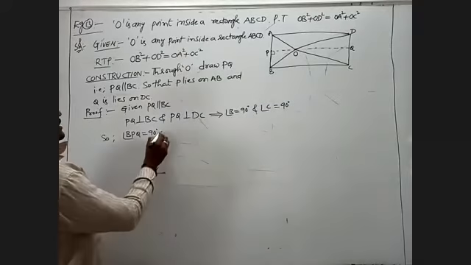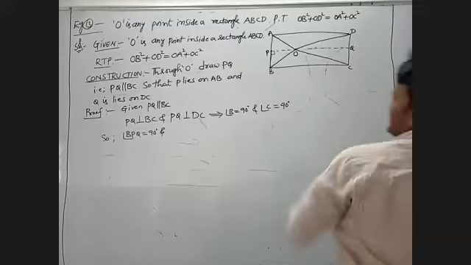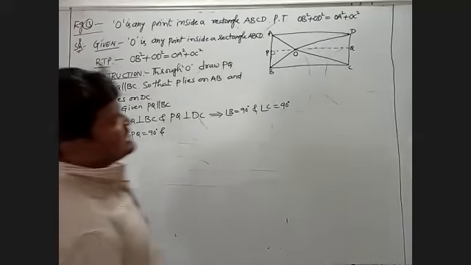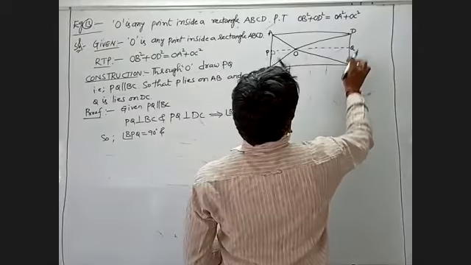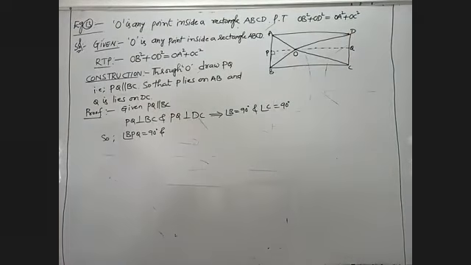One more thing we will observe in this one: angle OQD, angle CDP will take. This is C, this is D, this is P. We will take CDP also 90 degrees. We will observe CQP is also 90 degrees.